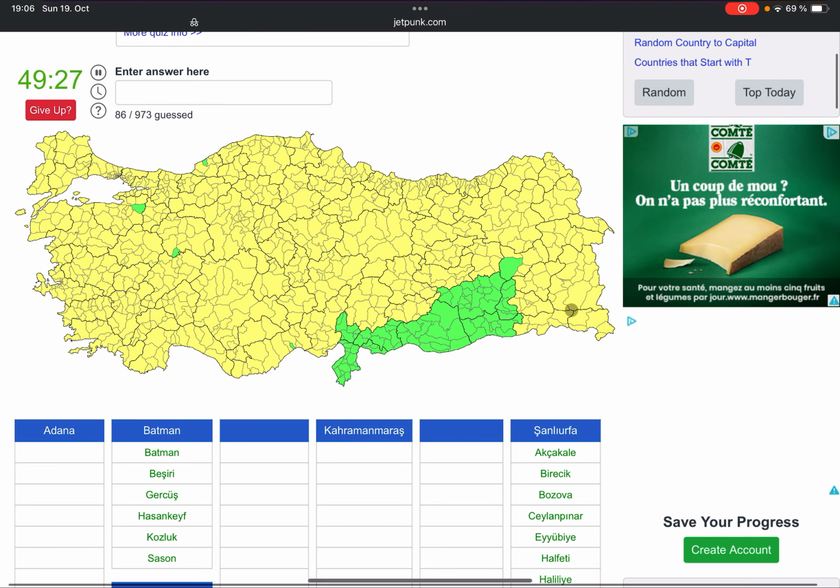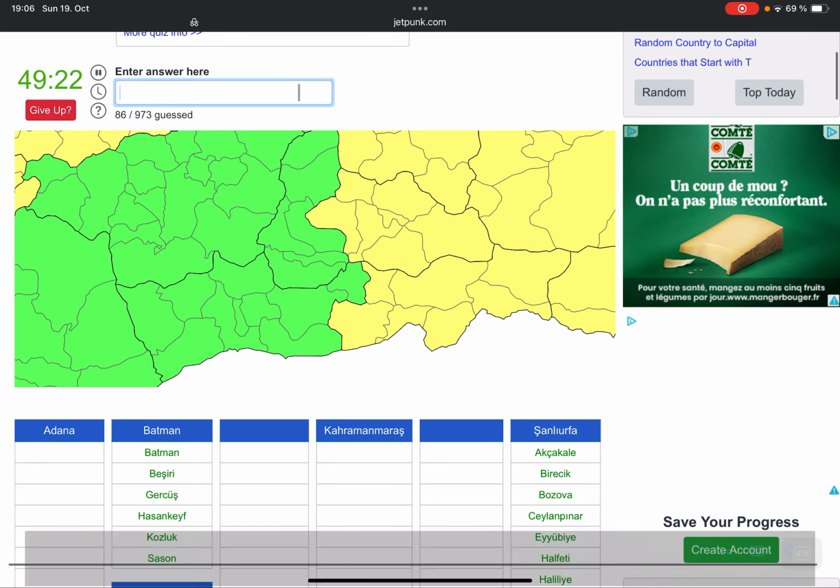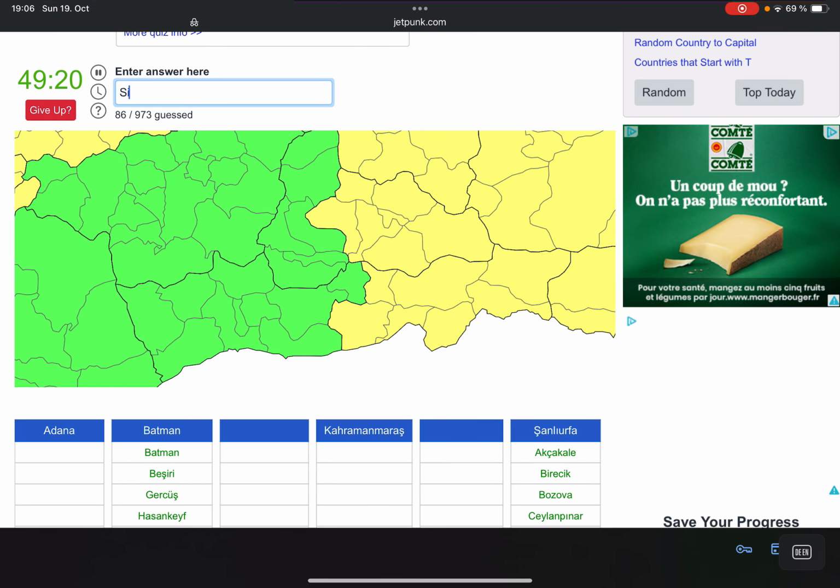Alright. Then we'll go over to Şırnak. The capital of the province of Şırnak is actually also Şırnak, so it's over right here. Then we have Cizre, İdil, Güçlükonak, Silopi.